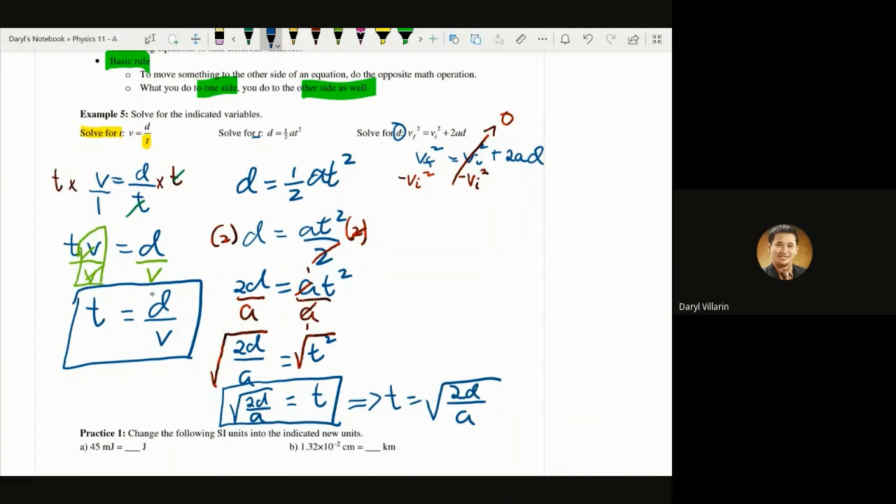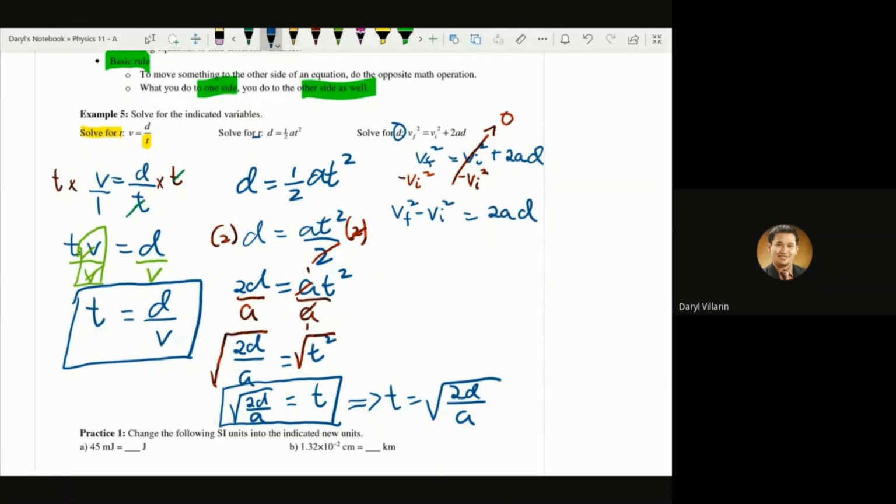Well, actually, this pertains to final velocity and initial velocity. So therefore, you cannot combine the two. So you just write them as Vf squared minus Vi squared. And then this is now equal to 2ad.